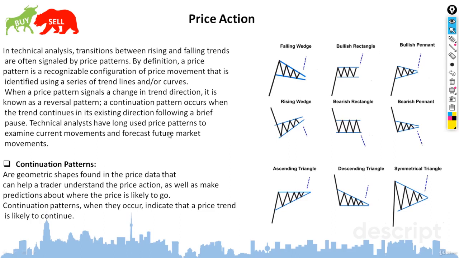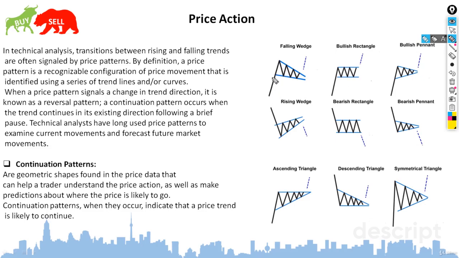So here in price action we have two points, the continuation patterns and the reversal patterns. The continuation patterns are generally a flag or a triangle. If we can draw a triangle in an uptrend, or a flag, this is a continuation pattern.